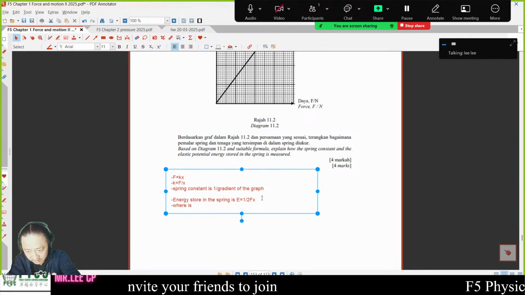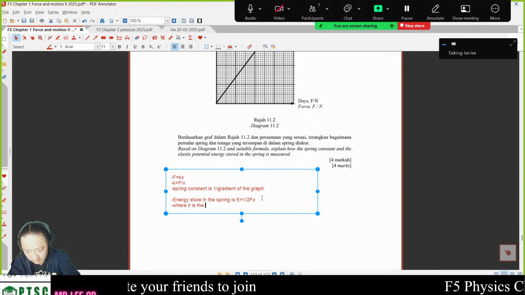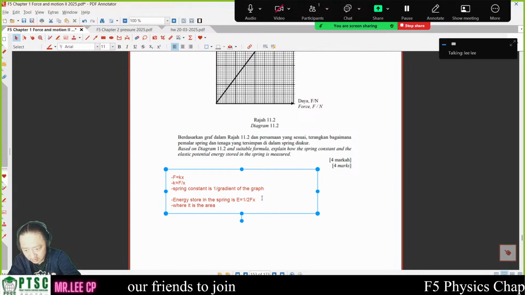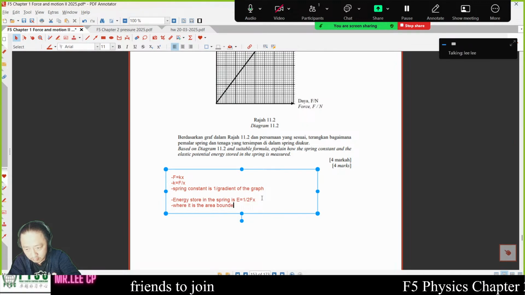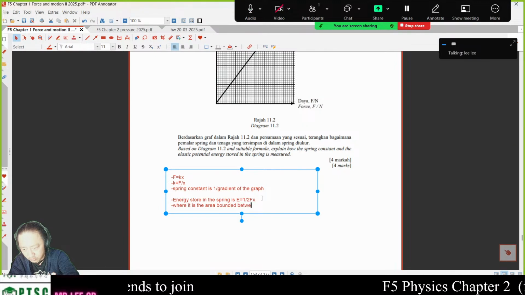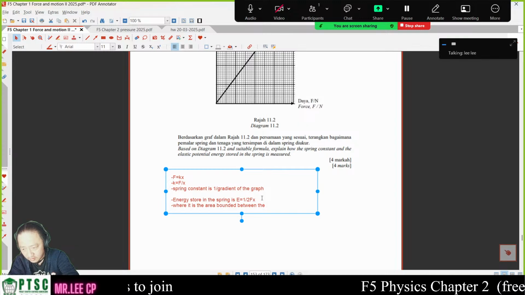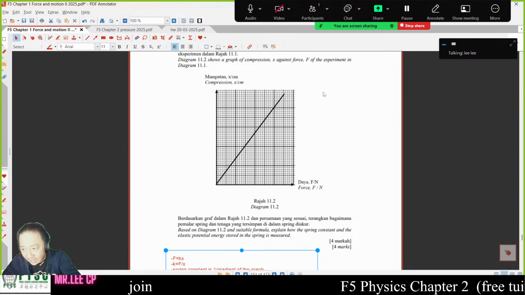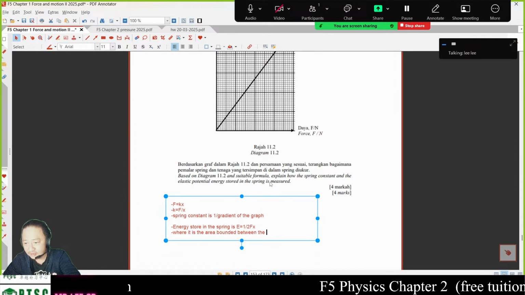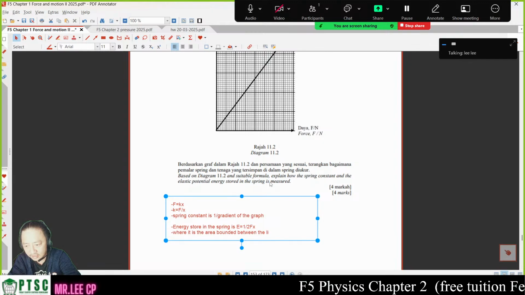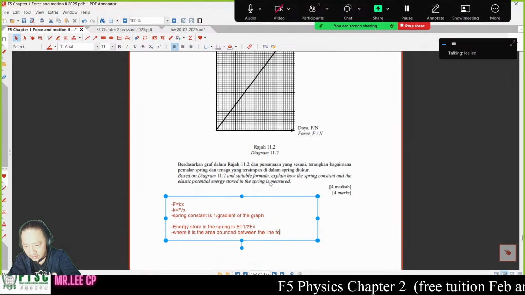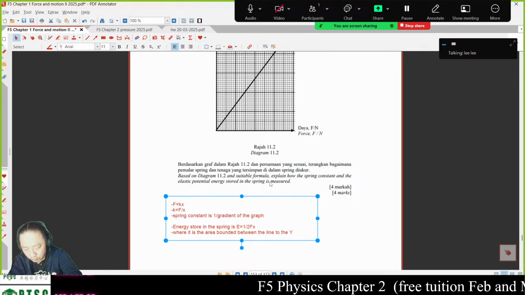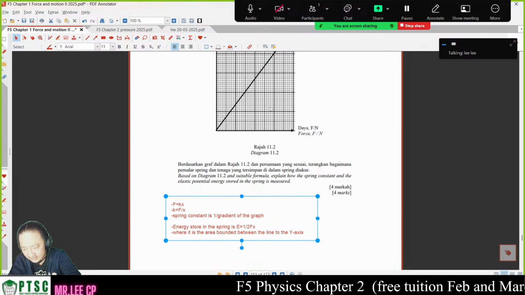where it is the area bounded between the line to the y-axis, right?